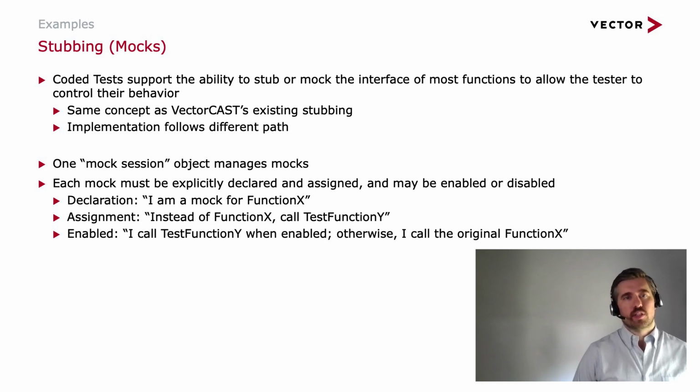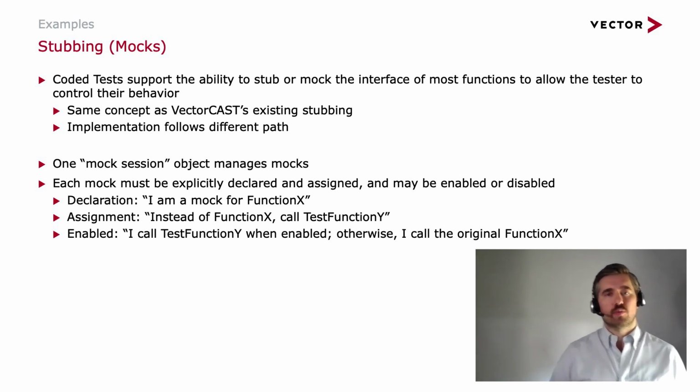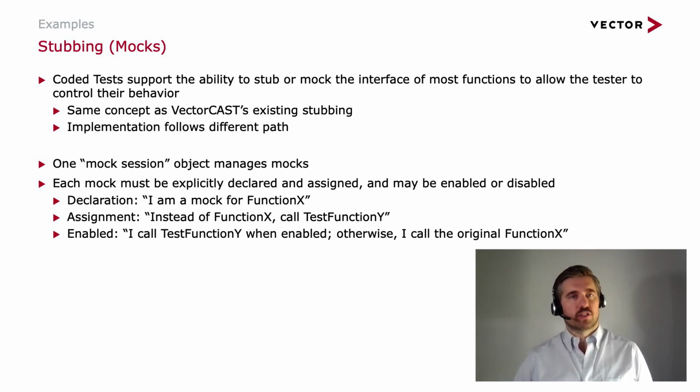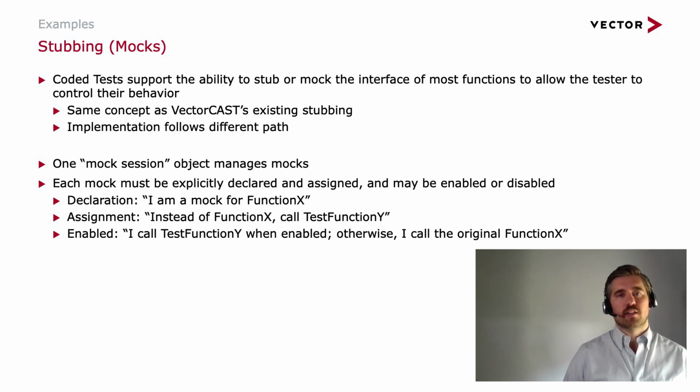By default, they'll be enabled, but there may be cases where you would like to disable them, such as if you enter into a mock object, you may want to make some assertion about the state, such as the incoming parameter is true, and then you may want to forward that call down to the underlying function. So in that case, we would enter the mock, make our assertions, and we would disable the mock and allow the call to fall to the real code below.